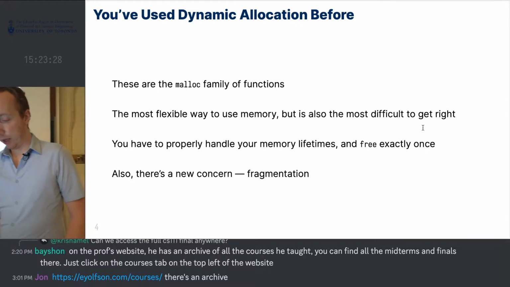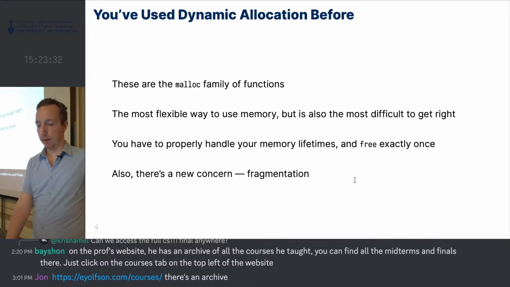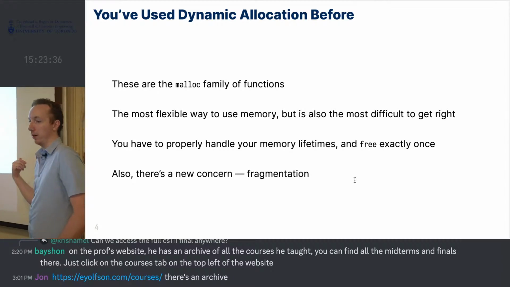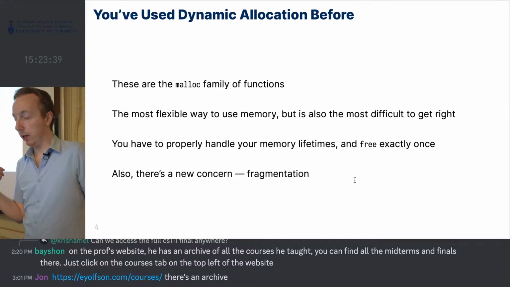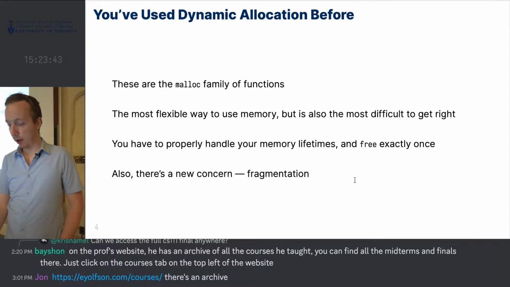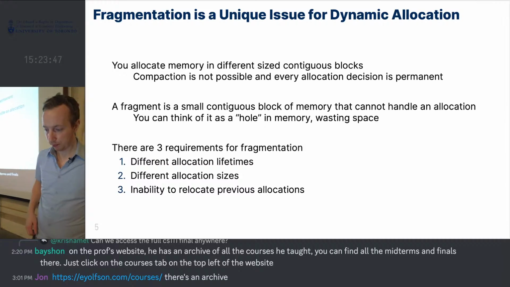So there is a new concern we have too if you were to implement dynamic memory allocation, that's fragmentation. So we kind of saw that when we talked about file systems and we talked about internal fragmentation, so wasting space within a block, and now we will be wasting space also between blocks.